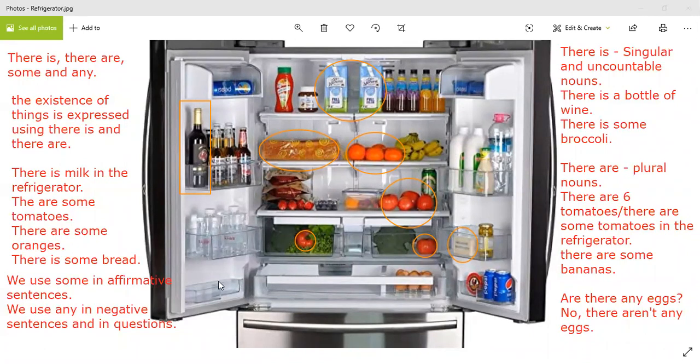Some and any can be used with both countable nouns and uncountable nouns. So you have no problem with that. Now, there is and there are, I'm going to explain to you how to use them correctly.